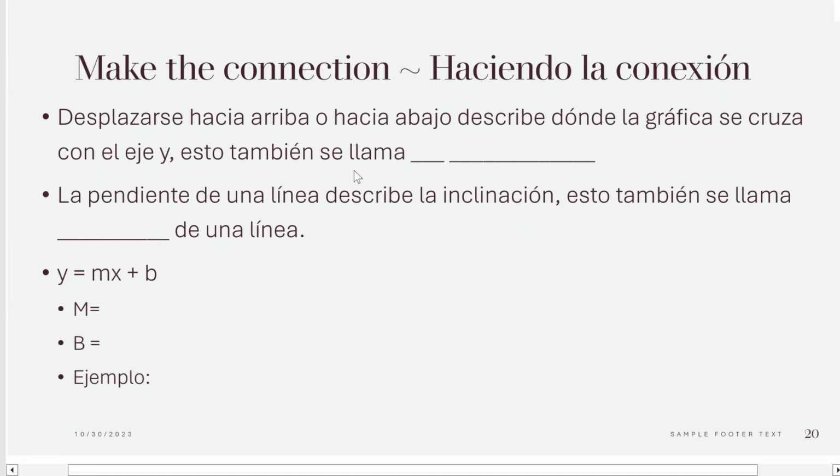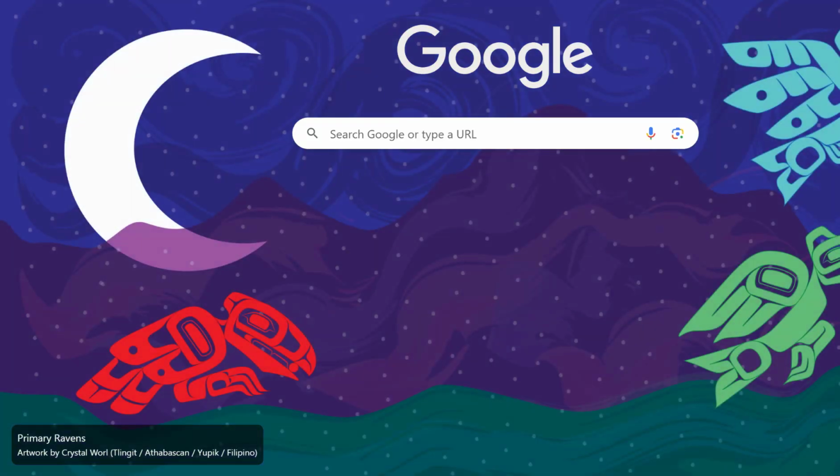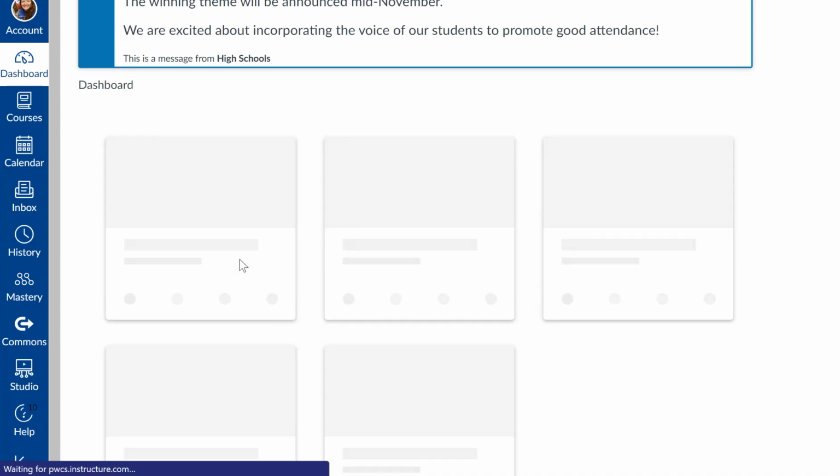This is the same page, but in Spanish. Now, you need to go to Canvas. Go to Algebra 1.